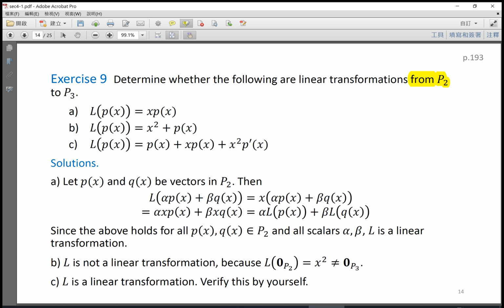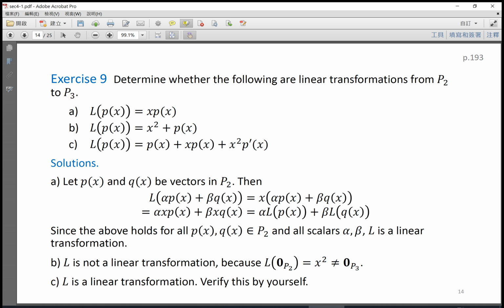To show this, we consider L of alpha P of x plus beta Q of x. By definition of L, we have L of alpha P of x plus beta Q of x equals x times parentheses alpha P of x plus beta Q of x, which can be written as alpha times x times P of x plus beta times x times Q of x.